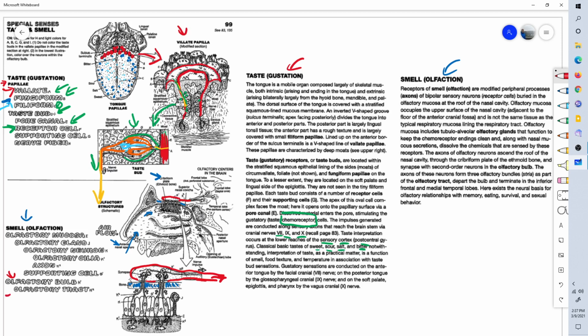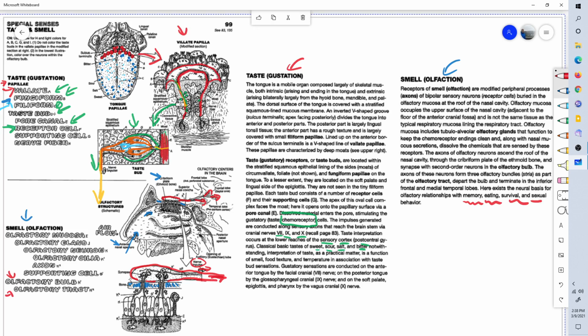The olfactory tract is an extension of the bulb, sending the nerve impulse to the frontal lobe of the brain and to the temporal lobe for the sensation of smell, which is associated with memory, eating, survival, sexual behavior.